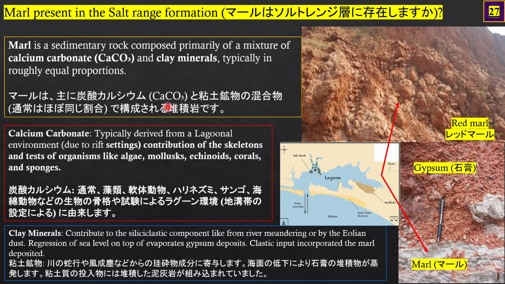Calcium carbonate is formed due to the rifting and lagoonal kind of setting, while the clay or clastic sediments come from rivers or Aeolian sediments, and they are moved and deposited in this lagoonal setting.